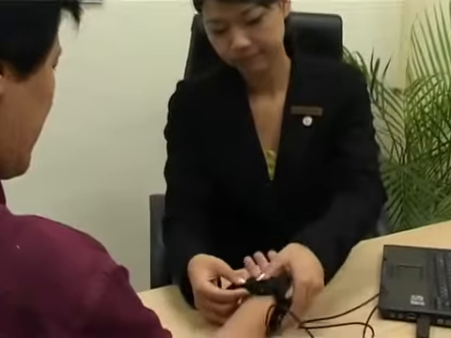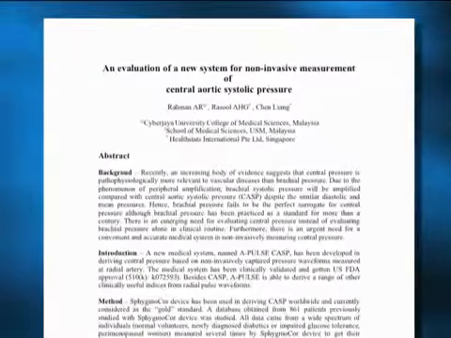This is where Health Stats comes in. We call it BPro, with patented, FDA-approved software which will calculate your central aortic pressure very accurately. This has been validated over more than 10,000 patient waveforms.